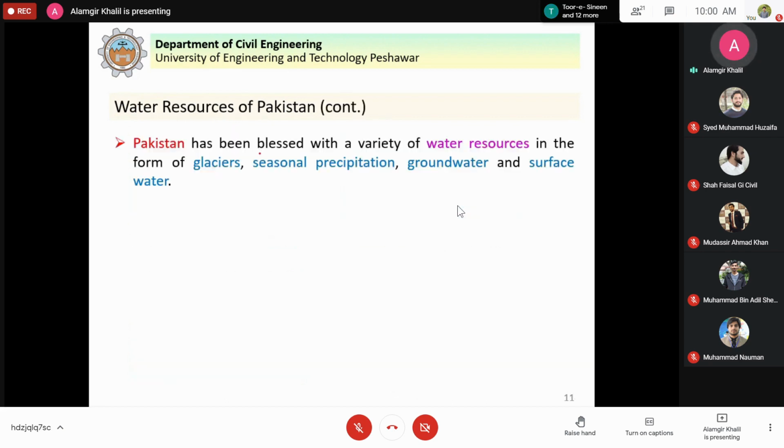Pakistan has been blessed with a variety of water resources in the form of glaciers, seasonal precipitation that includes rainfall and snow on mountains, groundwater, and surface water. So first we talk about the glaciers.